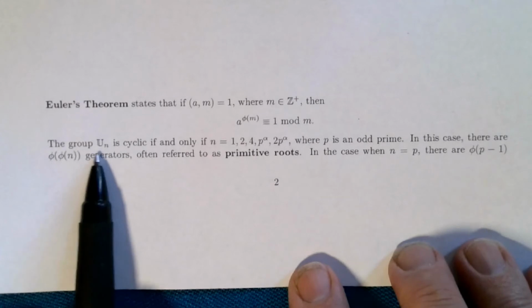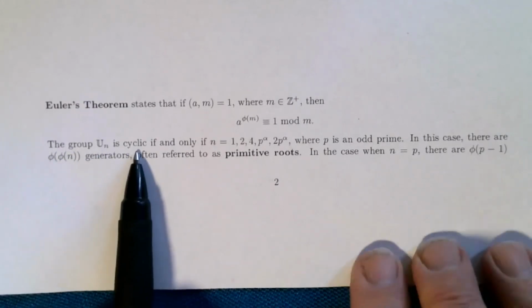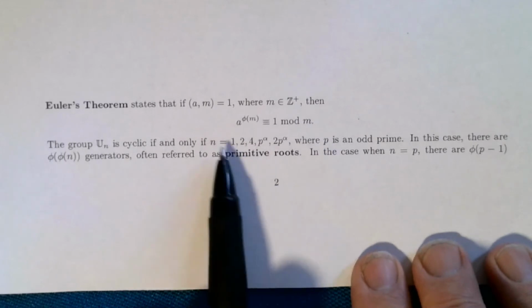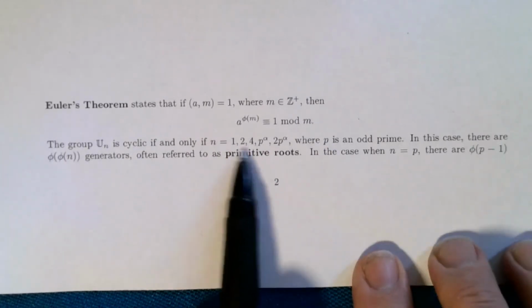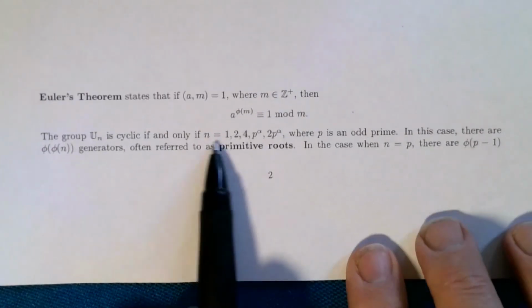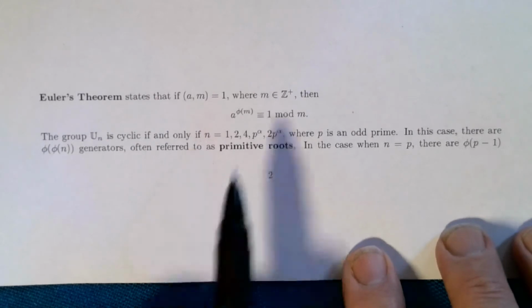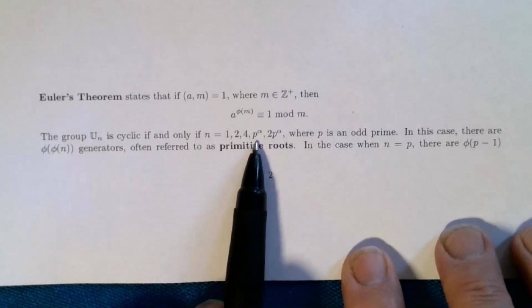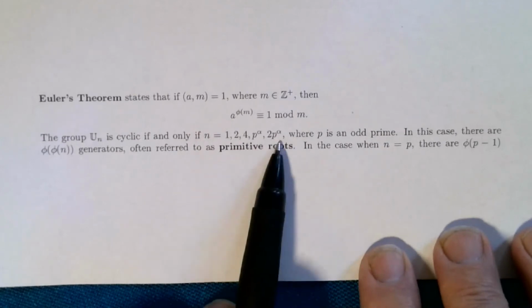So the obvious question, if you've done a little bit of group theory, is when is this group cyclic, and the answer is it's cyclic if and only if, 1, 2 and 4 are sort of funny special cases, not very interesting, but this is cyclic if and only if n is a power of an odd prime, not 2, or twice the power of an odd prime.